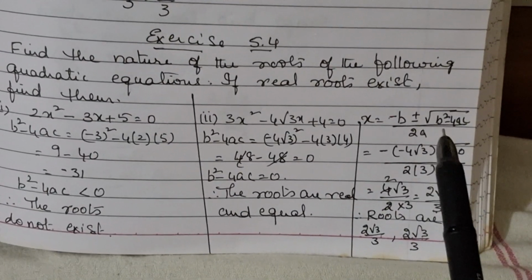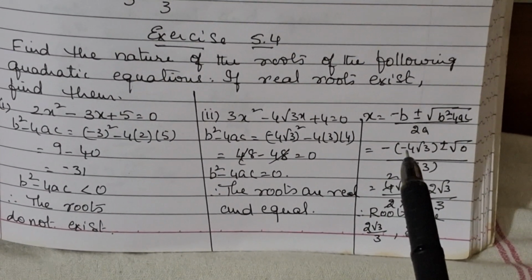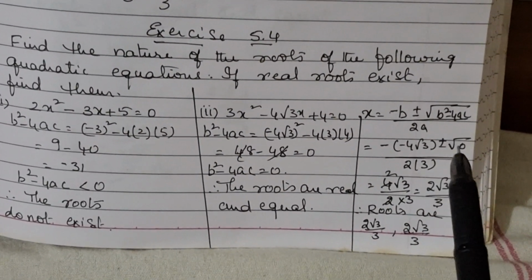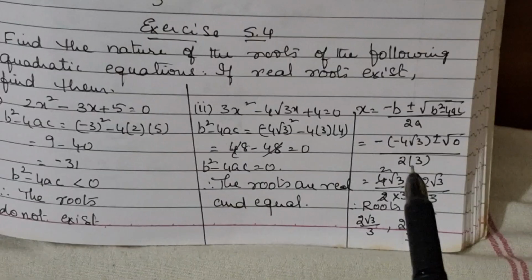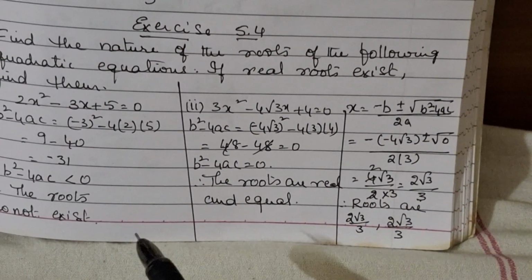x = (−b ± √(b² − 4ac)) / 2a. That is minus of −4√3, the b value, plus or minus 0, by 2 into 3. That means 4√3 by 2 into 3.